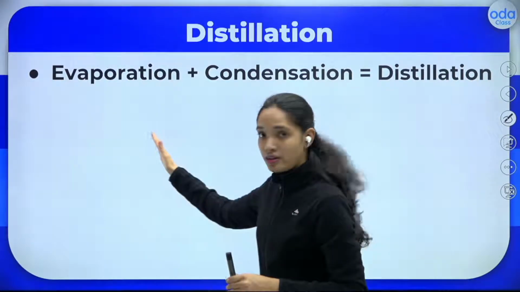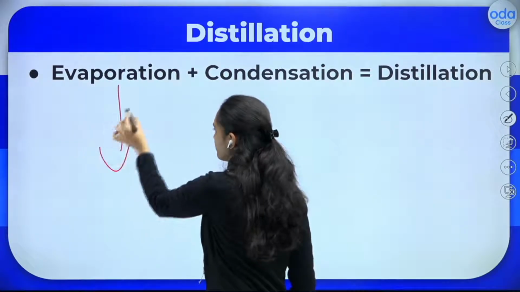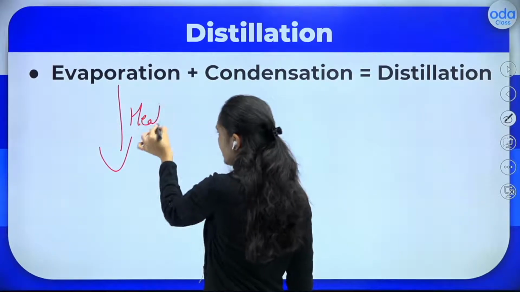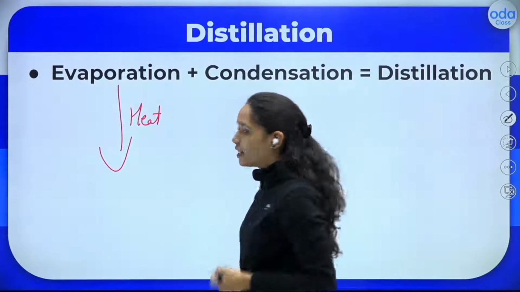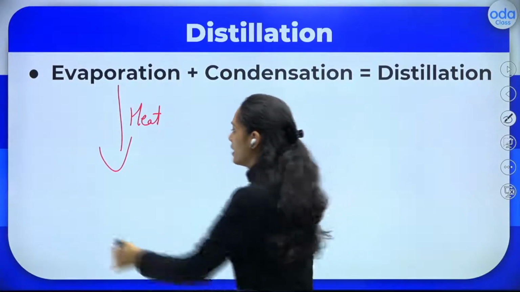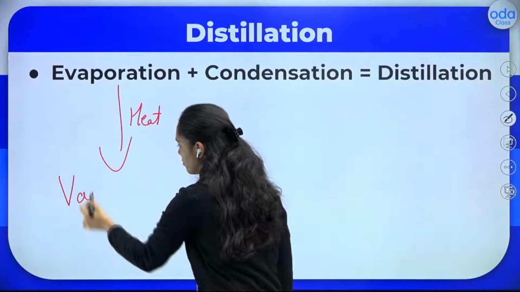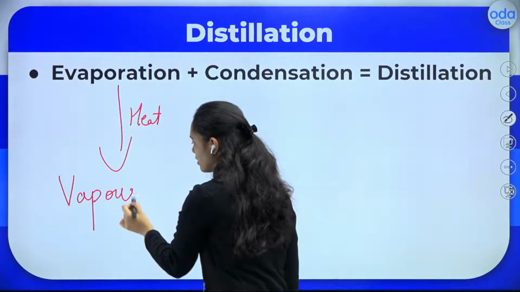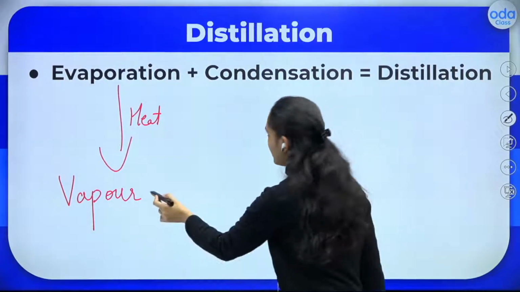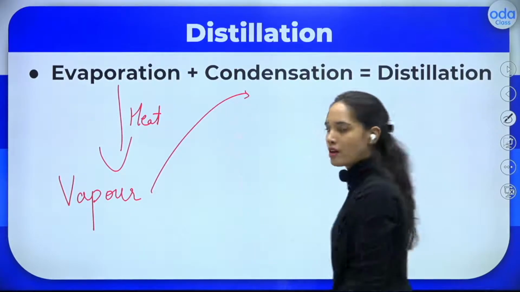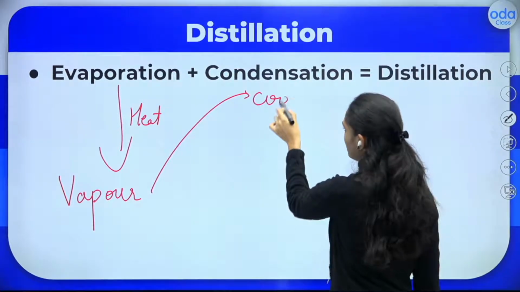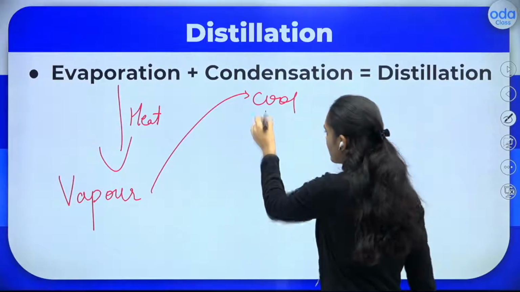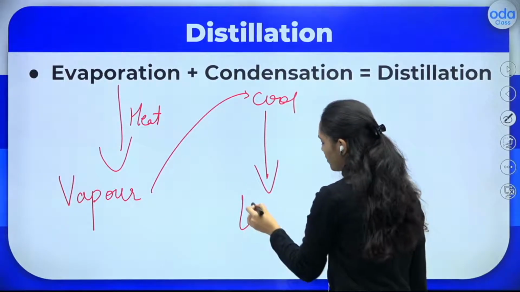First, we heat the liquid. And when we heat the liquid, what happens? It turns into vapor, in the gaseous state. Now what do we do? We take this vapor, we cool it down, right? Then this vapor turns back into a liquid.